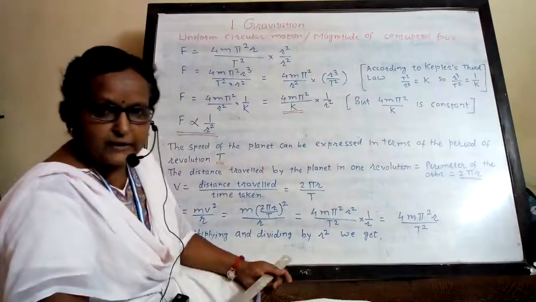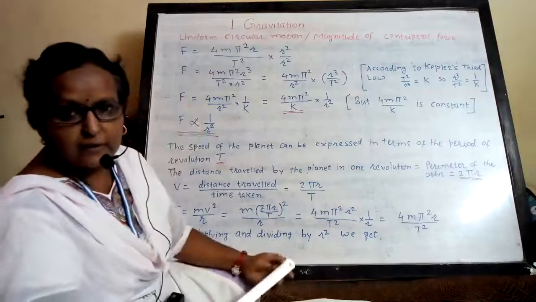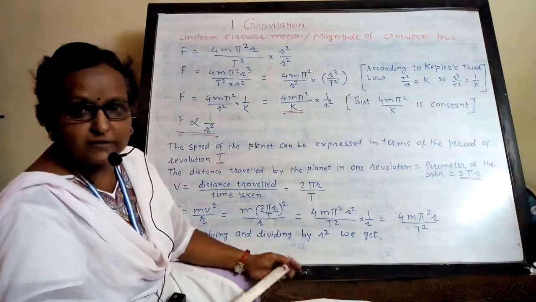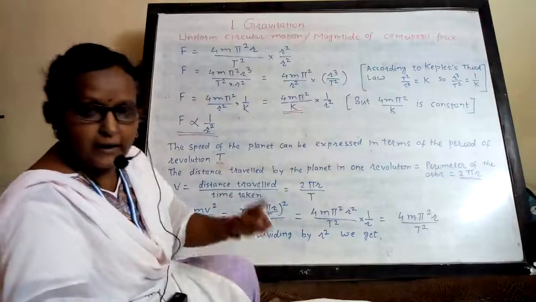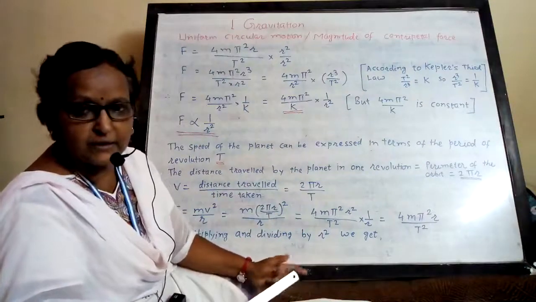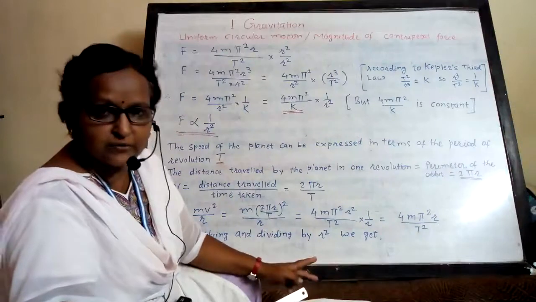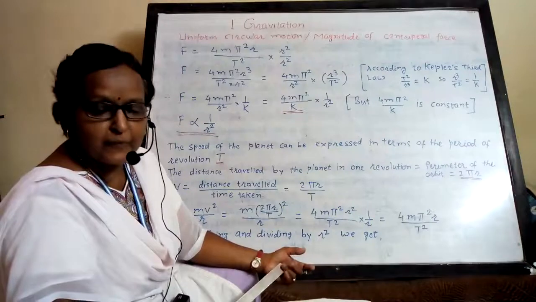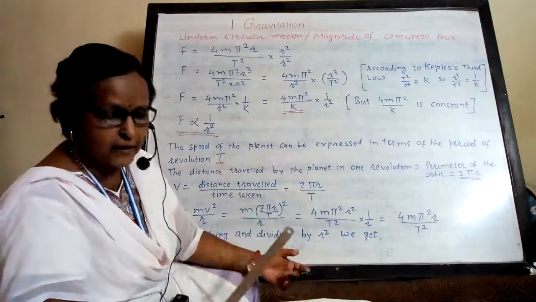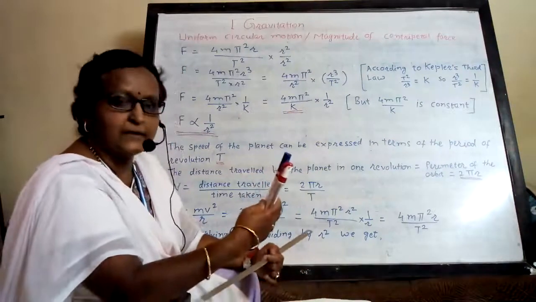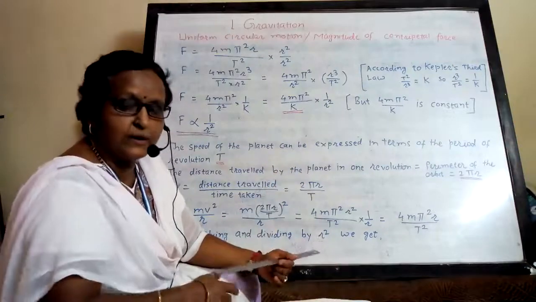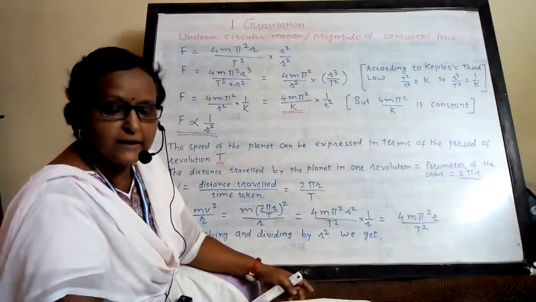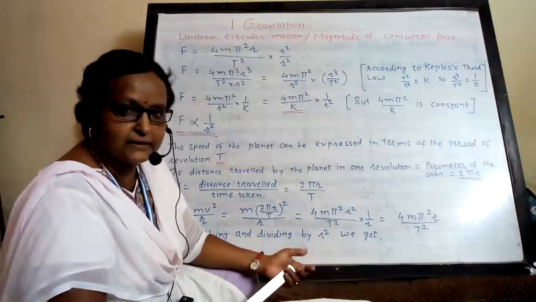Now we know, as I have told you, according to the universal law of gravitation, there is attraction between any two objects in the universe, and that force of attraction is directly proportional to the product of the masses and inversely proportional to the square of the distance between them. If you are sitting on the benches, 2 or 3 students, you are also attracting each other.